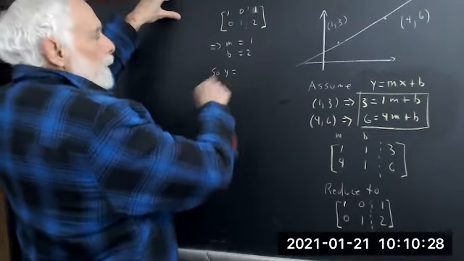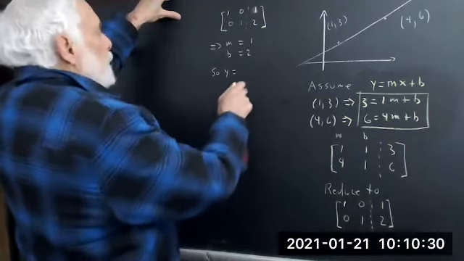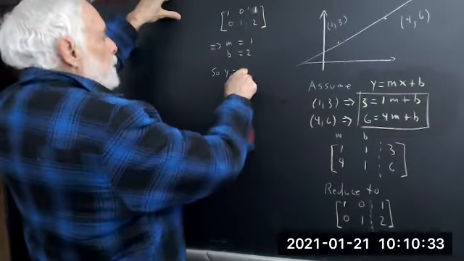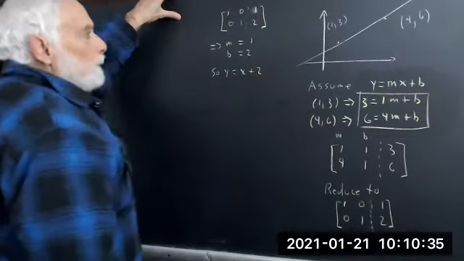So the equation of the line is Y equals X plus 2.